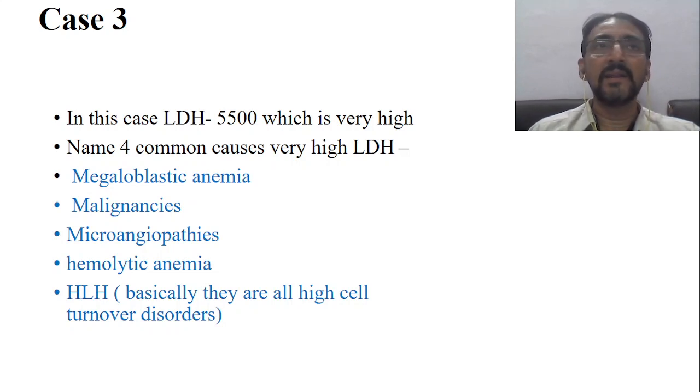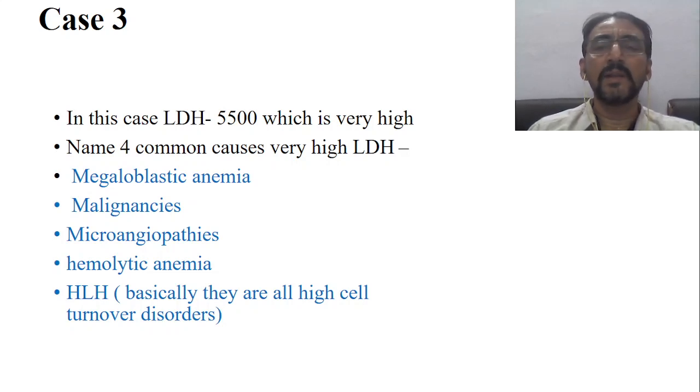Number 2, there are malignancies like leukemias. The LDH will increase. Another one is microangiopathies. In some of the microangiopathies, there also LDH will increase. Then the last one is HLH, hemophagocytic lymphohistiocytosis.